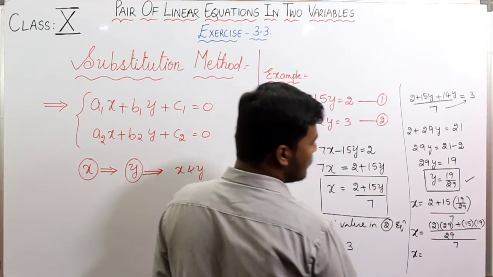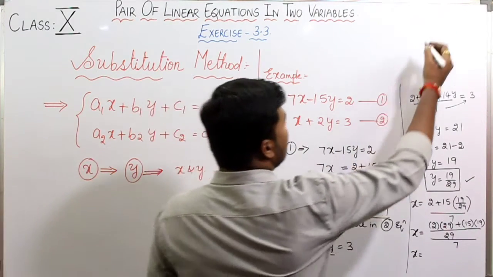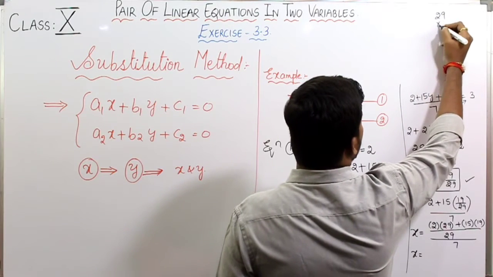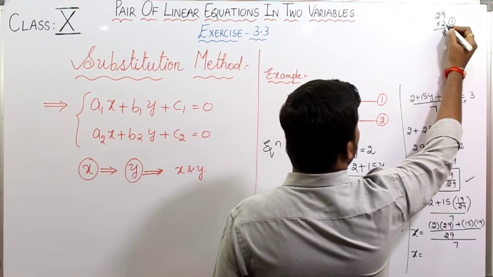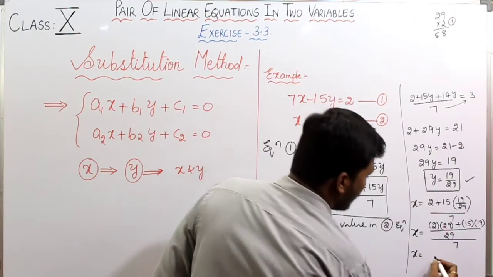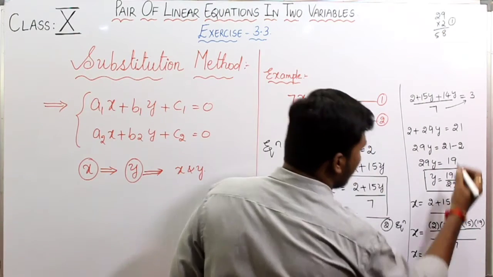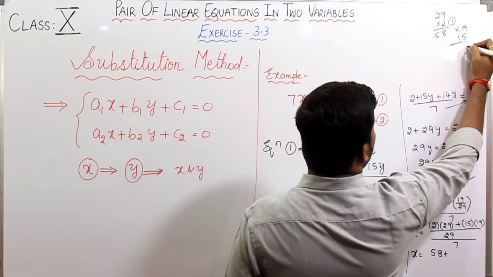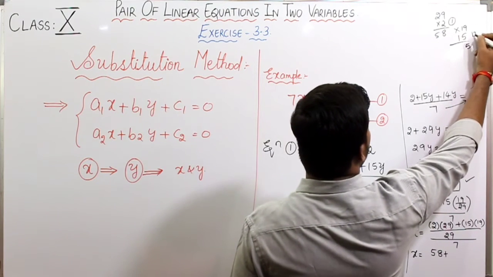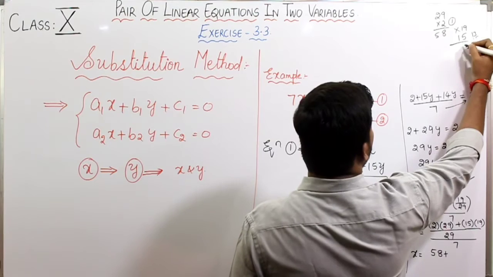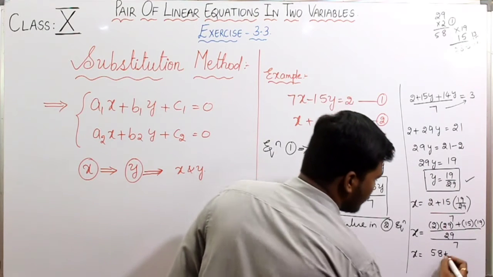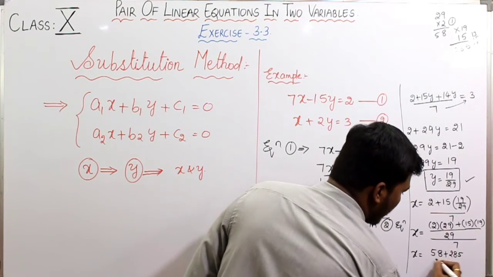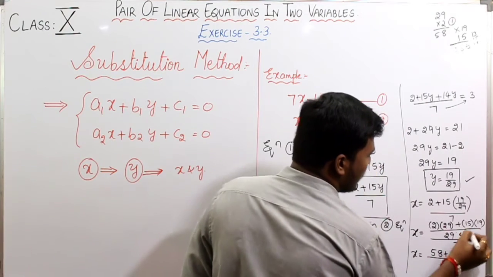Then 29 into 2 is 58. So 58 plus 15 into 19: 15 nines are 135, 15 ones are 15, so 285.